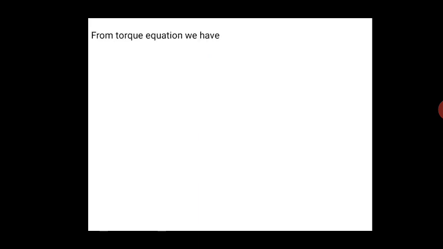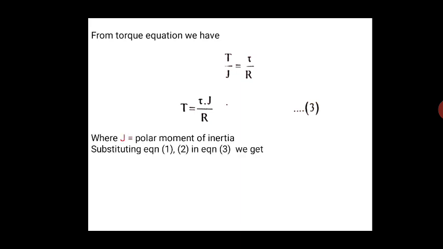Now, from the torque equation we have T by J is equal to tau by R, and we can rewrite the equation to obtain the torque T is equal to tau into J divided by R. Let this be equation number 3, where J is the polar moment of inertia, tau is the shear stress of the material and R is the radius of the shaft.